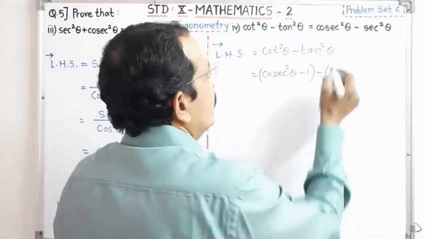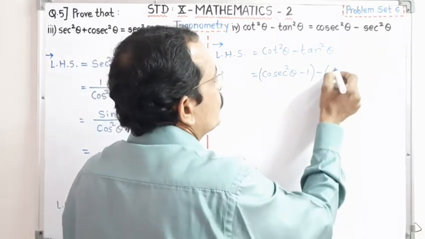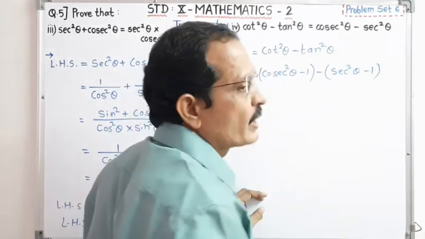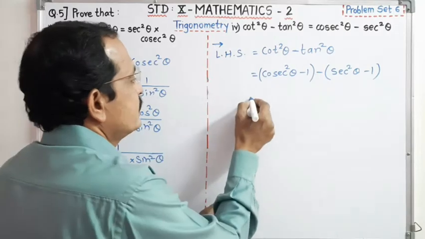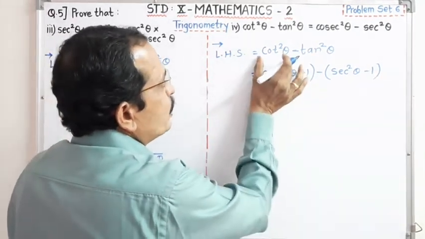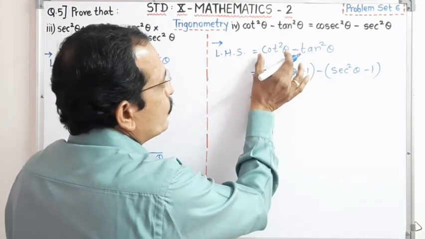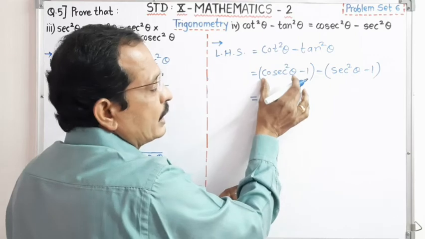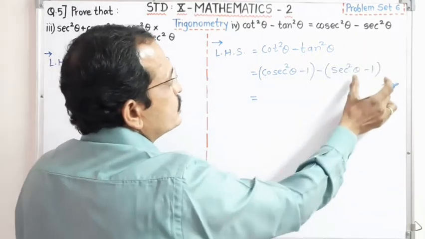We know that formula, using the formula, that is sec square theta minus 1. Very simple and interesting. See dear student, here cosec square theta minus 1, instead of cot square theta, that cot square theta we converted into cosec square theta like this, and this tan into sec square theta.